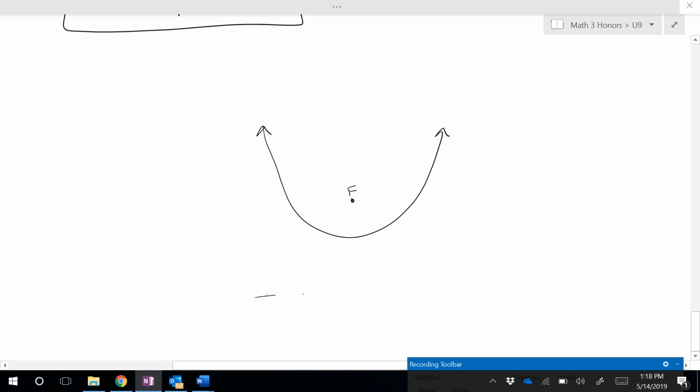All right, before we do the next one, I need to teach you one more thing. So here's our parabola. Focus is inside here somewhere. Directrix is over here.